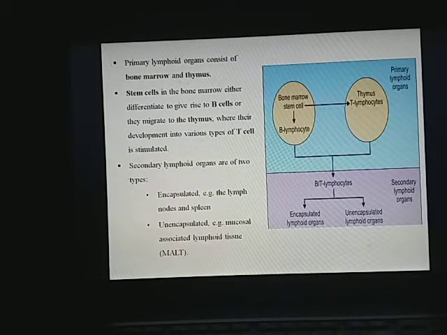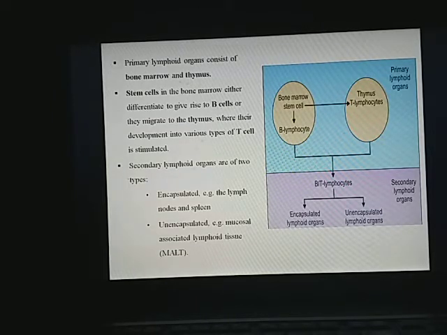Then let us see what are secondary lymphoid organs. They are of two different types: encapsulated and unencapsulated. Examples of encapsulated secondary lymphoid organs are the lymph nodes and spleen.